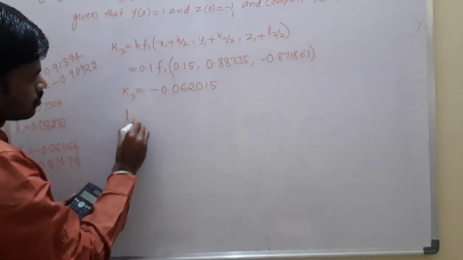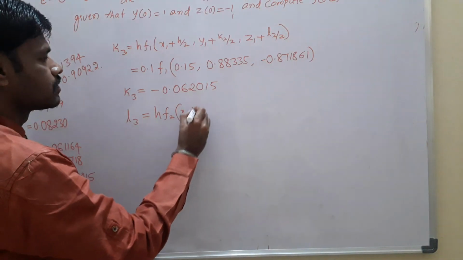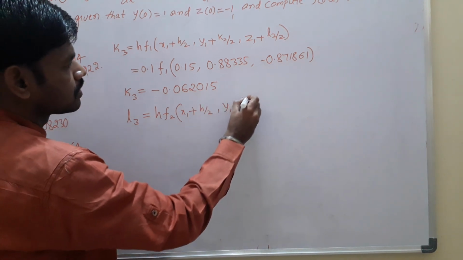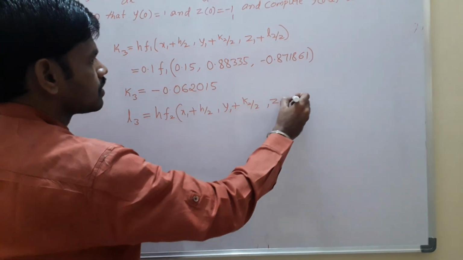So k3 equal to minus 0.062015 and L3 equal to h into f2 of x1 plus h by 2, y1 plus k2 by 2 and z1 plus L2 by 2.